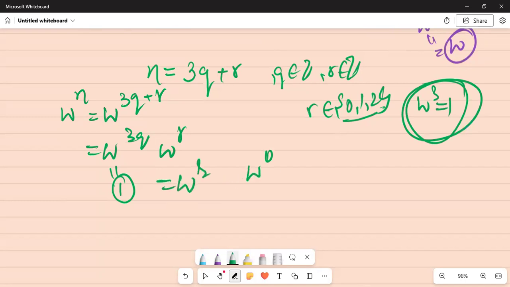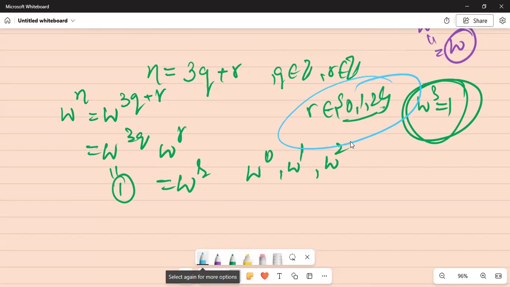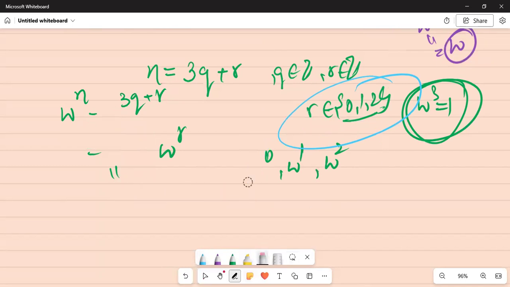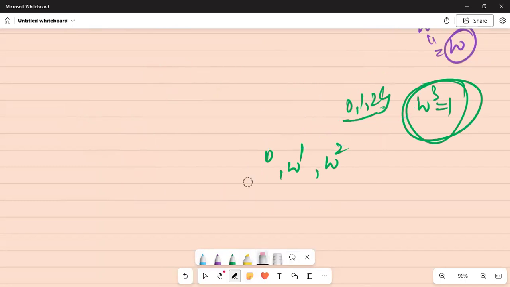So that means you have only 3 cases to deal with, because remainder can take only these many values, only 3 values. So omega raised to any power can be reduced to these forms only. You don't actually need to deal with the higher powers.